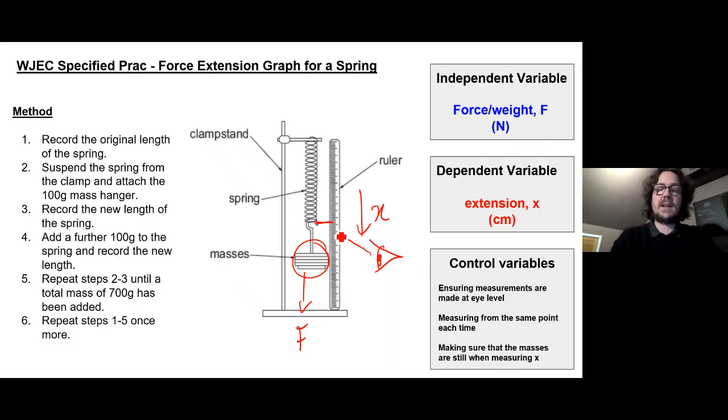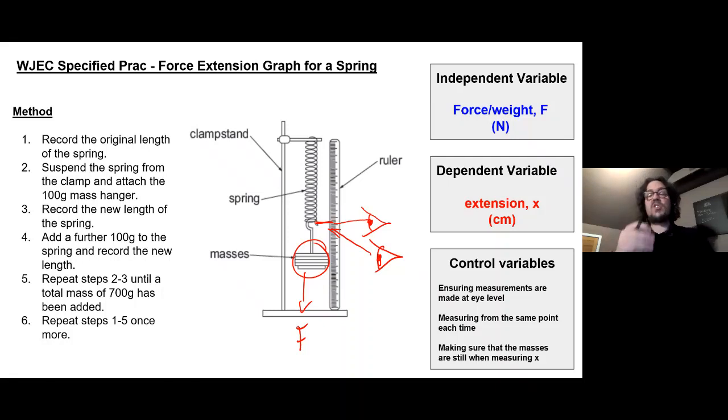If you're looking up at an angle like this, then you might not be getting a very accurate reading. So it's always important to take readings like this as close as you can from eye level, so that everything's lined up nicely and you're not making mistakes there.